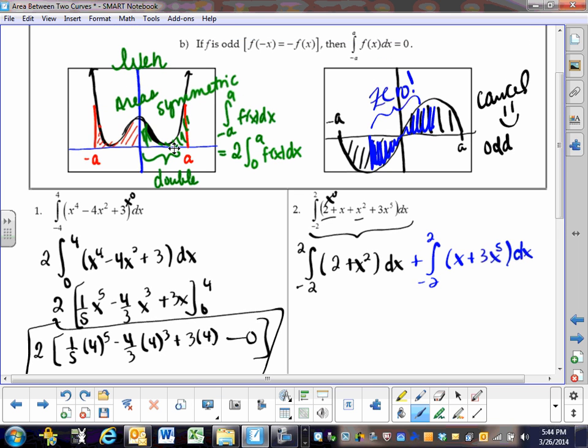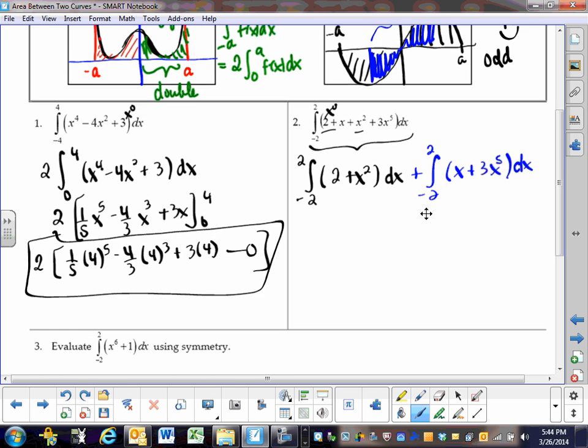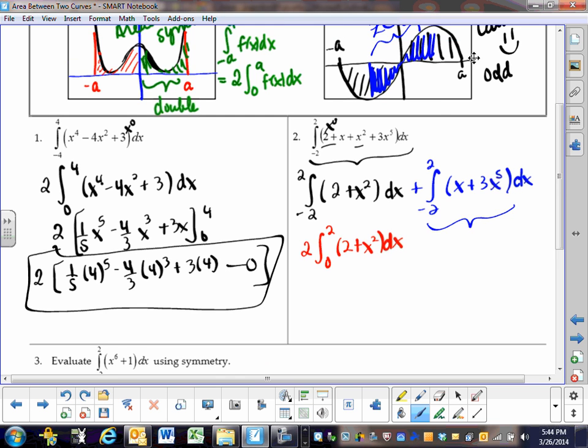That means for the even part, I'm going to do double the zeros. So I'll double from 0 to 2, 2 plus x squared dx. But the odd function is going to cancel out. From negative 2 to 2, any fully odd function simply cancels. So that's just 0.